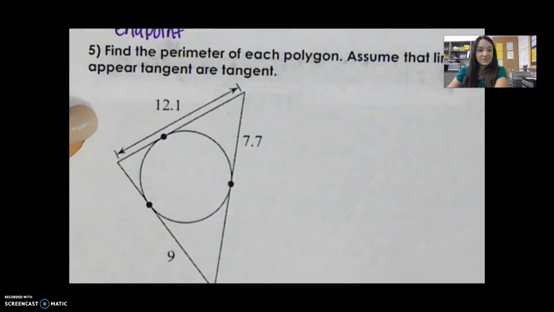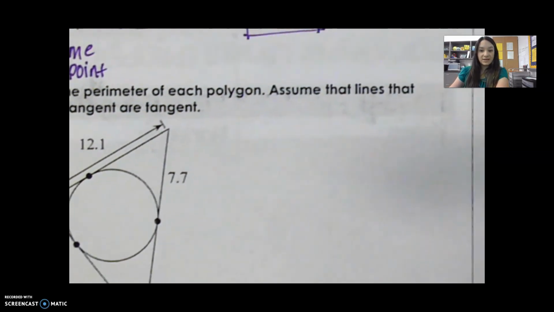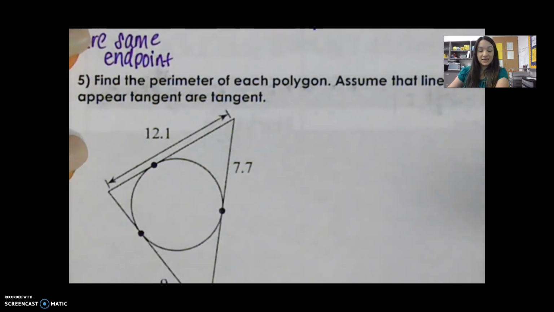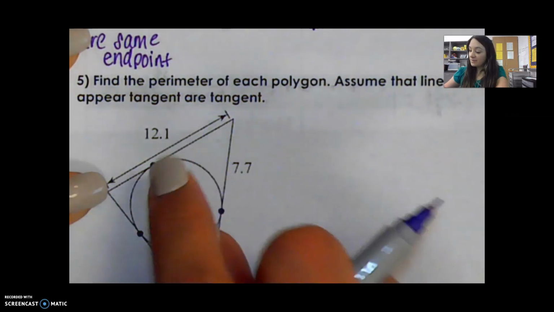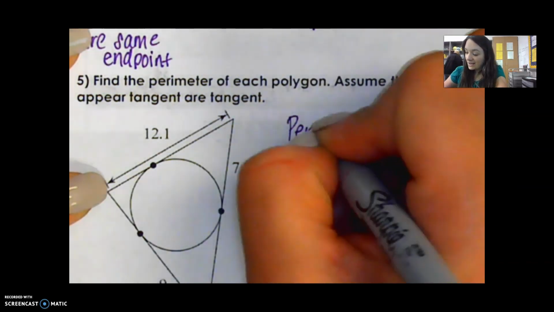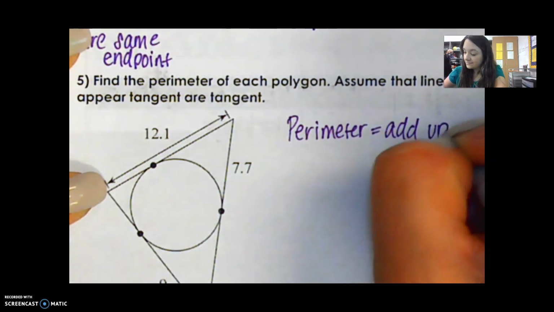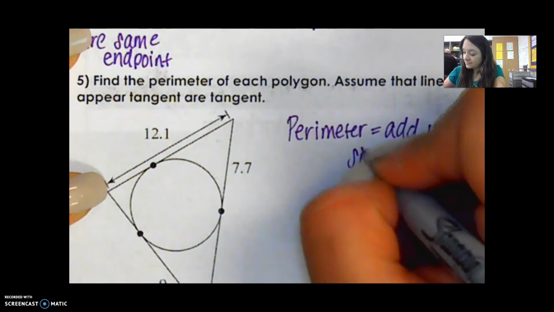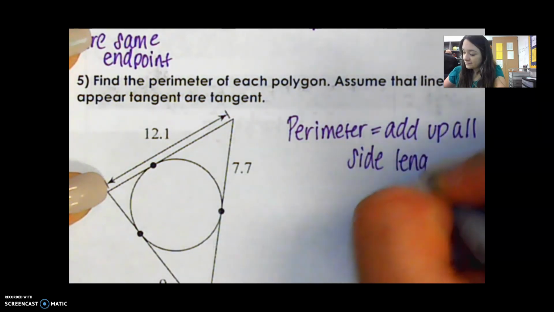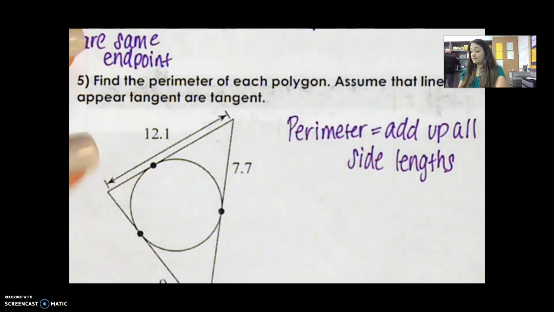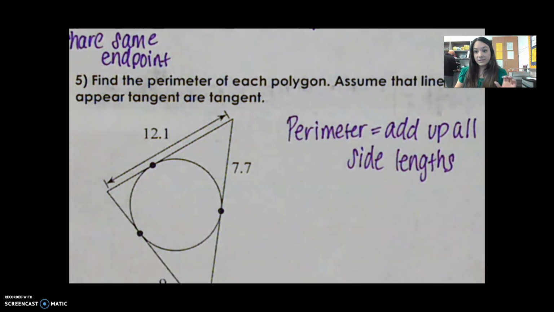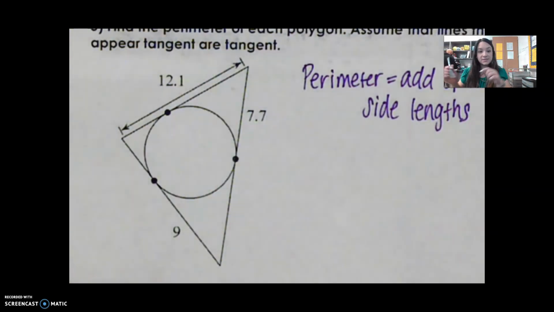So this next example says, find the perimeter of each polygon. Assume that these lines are tangent. So perimeter, remember that means you would add up all the side lengths. All right, so when I do that, I can color code some stuff.